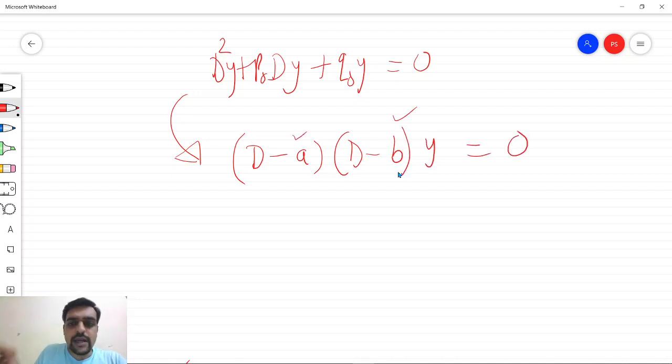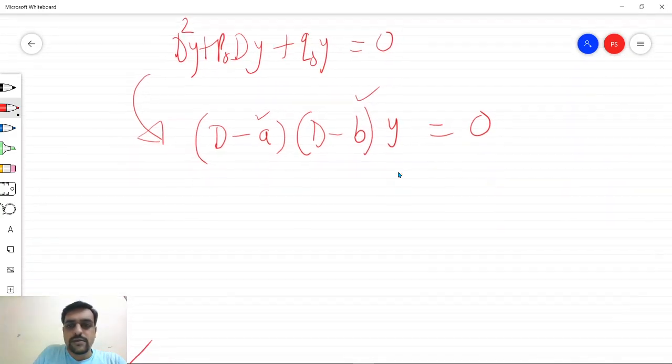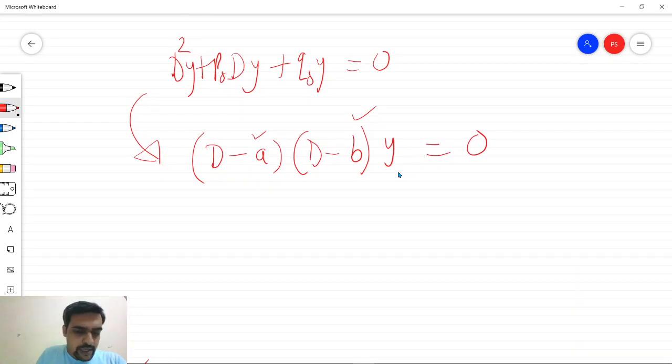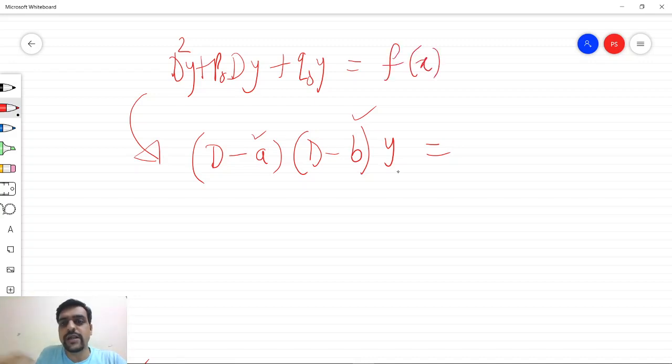A and b are the roots of the auxiliary equation. Now remember, this was the case with the homogeneous form. But now here, instead of this 0, we have with us some function of x, maybe sin x, x squared, or e raised to 3x, and so on. So some function of x.